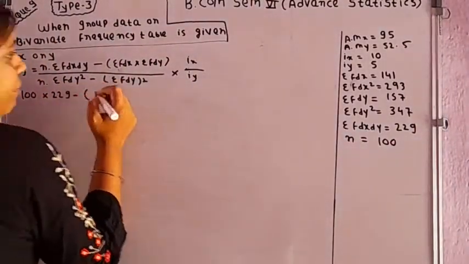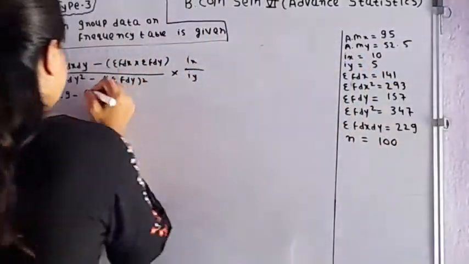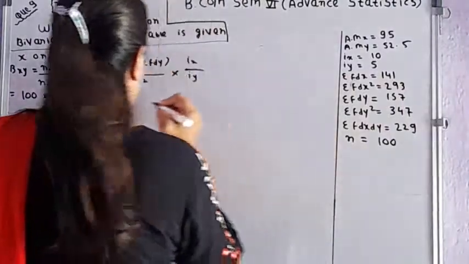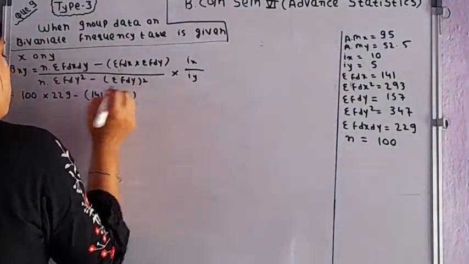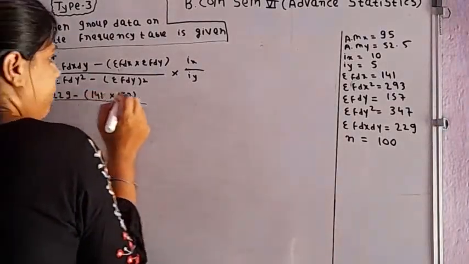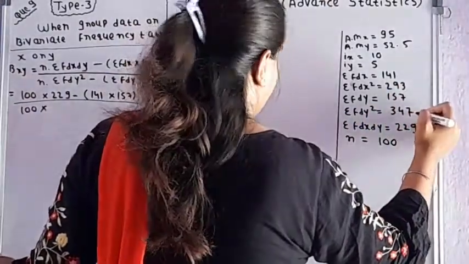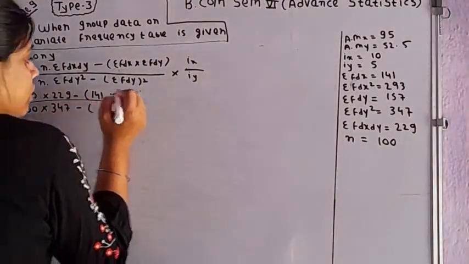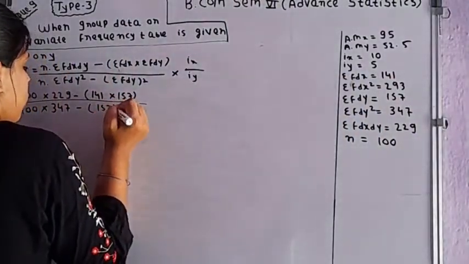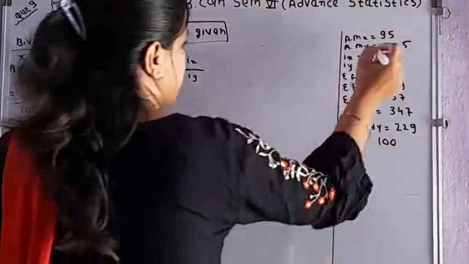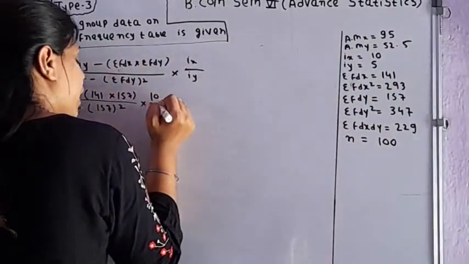Minus summation f dx 141 into summation f dy 157, upon n 100, summation f dy square 347 minus summation f dy 157 whole square, into interval of x 10, interval of y 5.